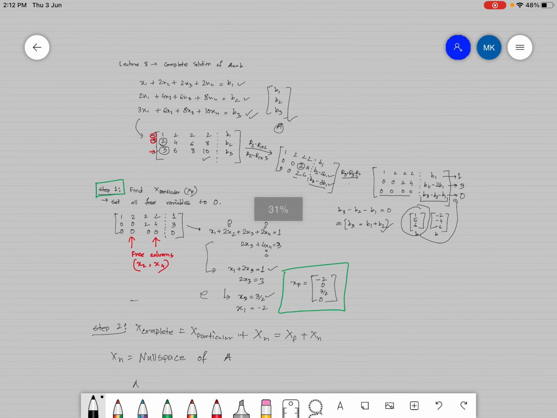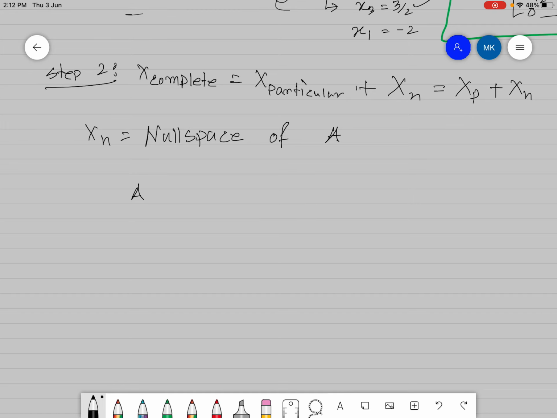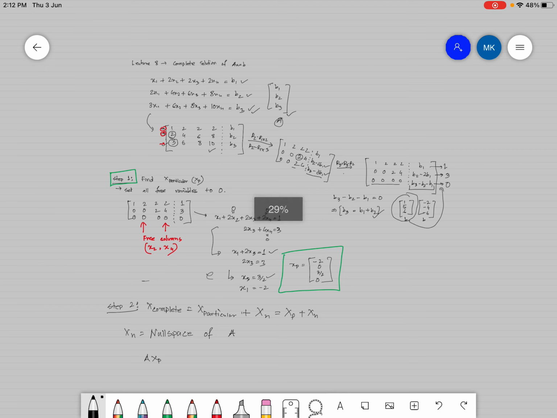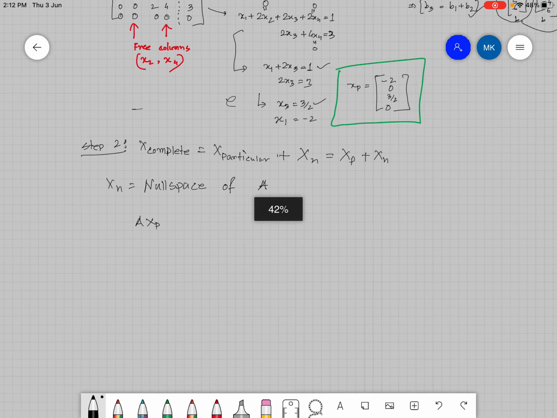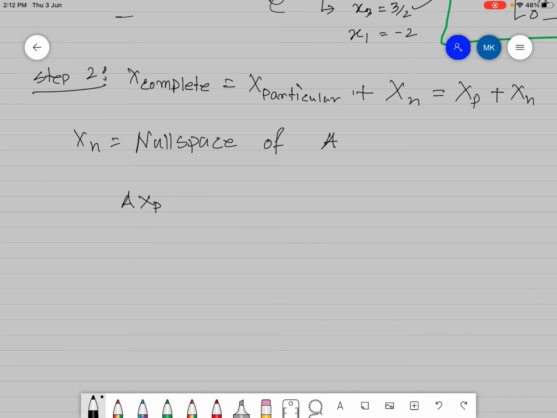A multiplied by x particular actually gives you one particular b, right?